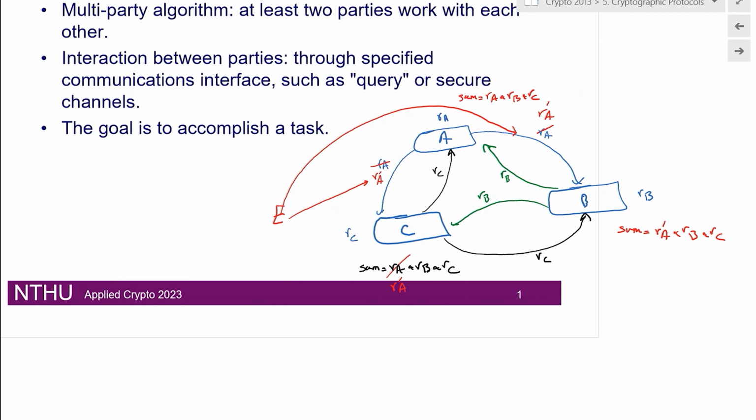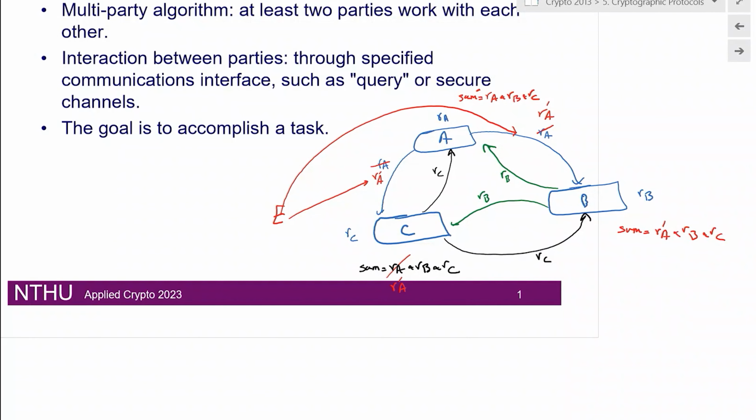So you see that Eve, by this intervention, made C and B have the same sum, but A have maybe some other sum, because he added RA, which is different than R prime A that C and B received. And therefore you see that Eve can deviate this algorithm arbitrarily.